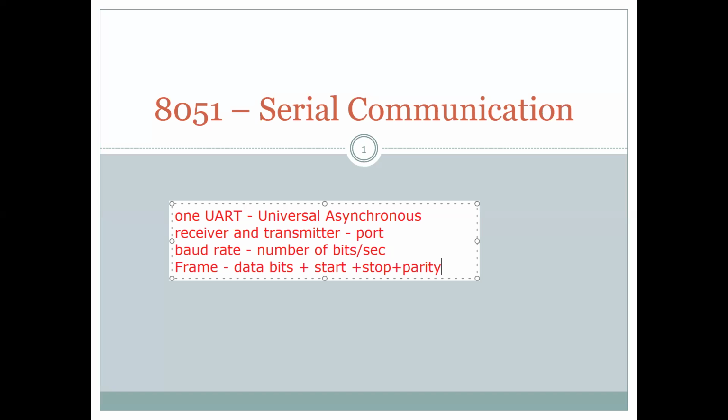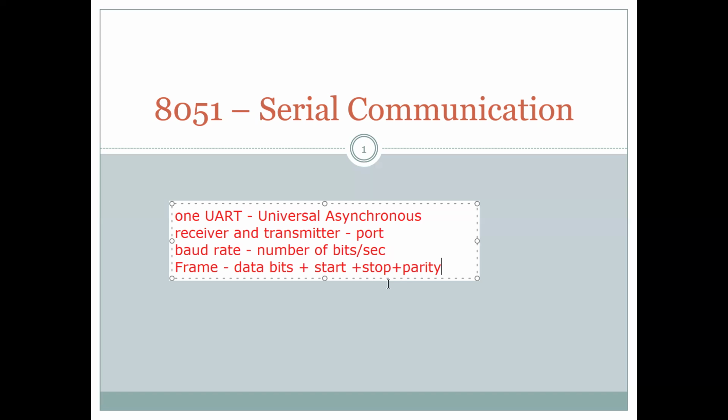So for every 8 data bits, there are two and a half, three, or four extra bits, which we call overhead bits, which don't actually provide information. It is just extra overhead that reduces the actual data bits transmitted per second. That's why we call it somewhat slow communication when compared with synchronous.